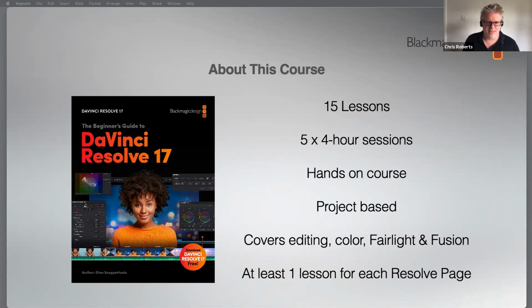So there is a lesson on the media page, there is a lesson on the cut page, there is a lesson on Fairlight, Fusion, delivery, and so forth. So I think that's definitely worth bearing in mind. So it does at least try and cover all of the individual pages inside Resolve 17.